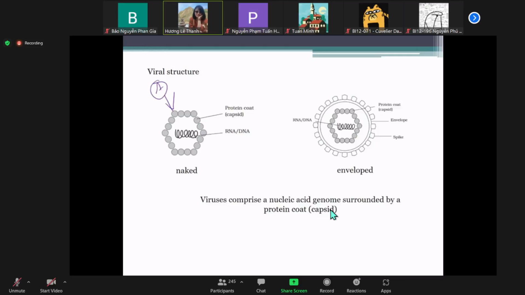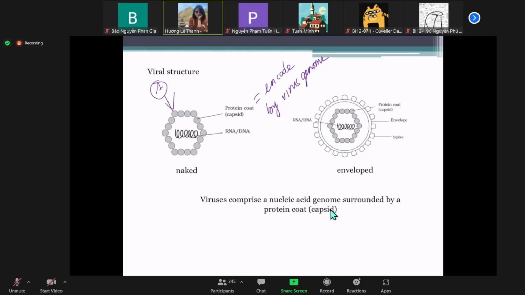It is made of many protein molecules, which form capsomers that together make up the capsid, and the capsid proteins are encoded by the genome of the virus, not of the host cells, either DNA or RNA.